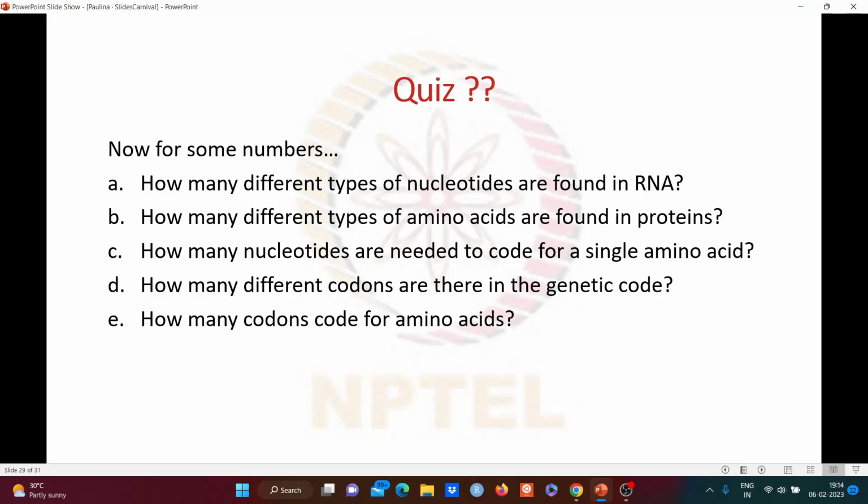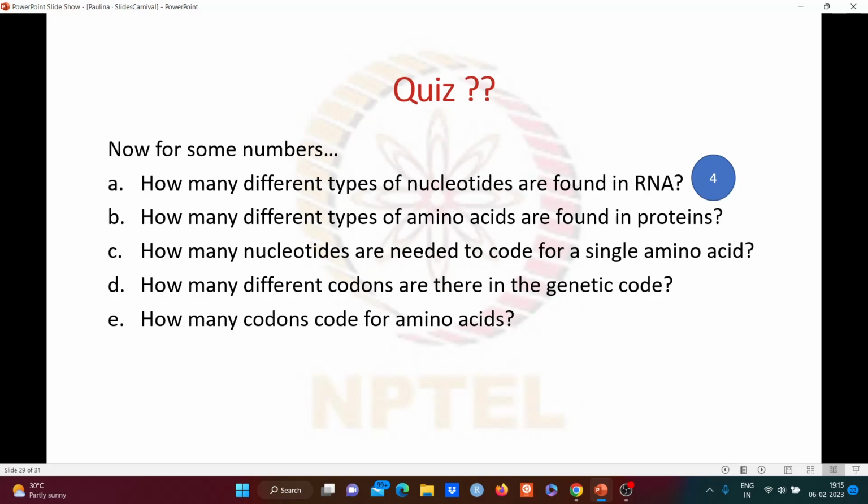AUGC. Okay, you have given the name. Yeah, in RNA we find 4 types, correct?